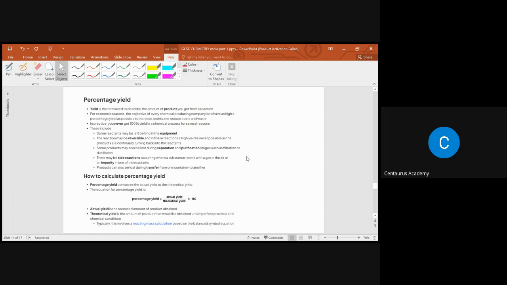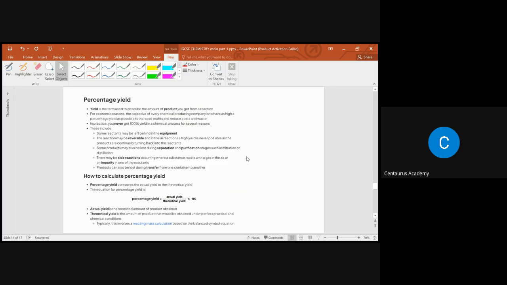So yield is basically the amount of product which you get after a reaction. Okay. And it is important to find out the percentage yield of the product which is formed. Why? Because of economic purposes as well, also to look into various other things.